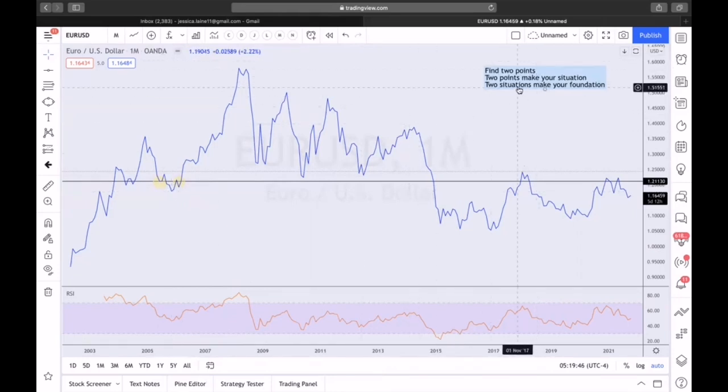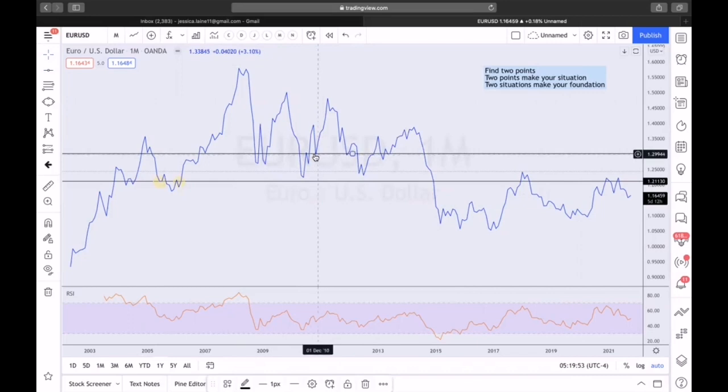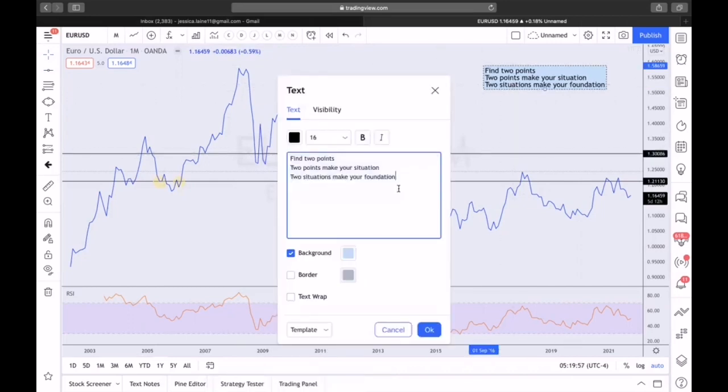Remember, 2 situations make your foundation. So I am going to put a line right here, and I'm looking at this point and this point right here. But this is the thing: your foundation must be between 500 and 1,000 pips in range.